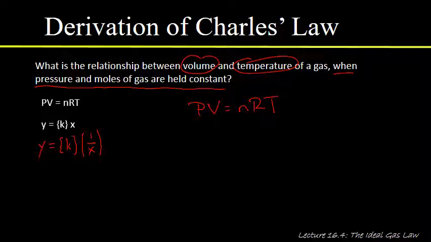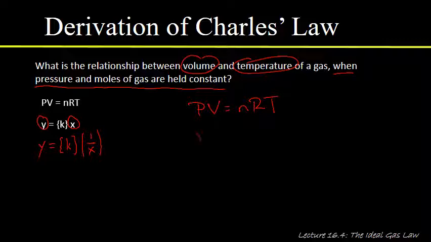Put one all by itself on the left, that's our Y, and put the other one all the way over on the right. Temperature is already on the right in this equation, so we'll just leave it over there. And so we want to isolate volume and make that the only value on the left. We can get volume by itself on the left if we divide both sides by P.